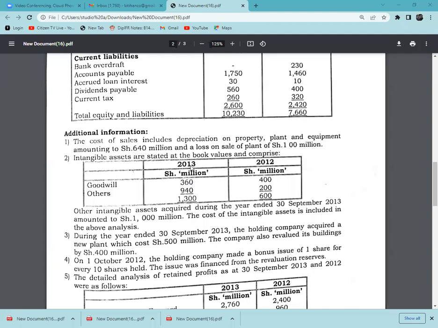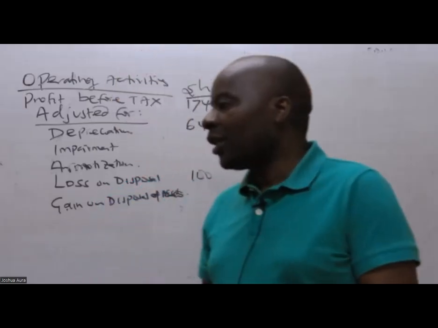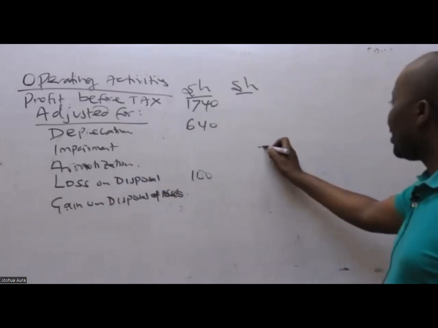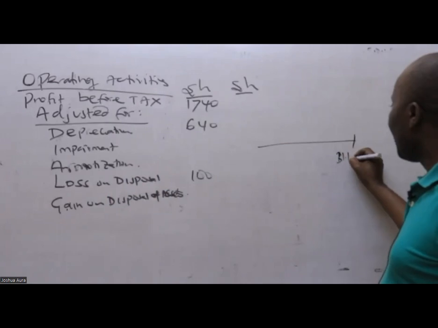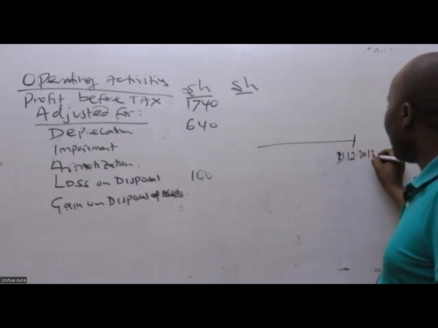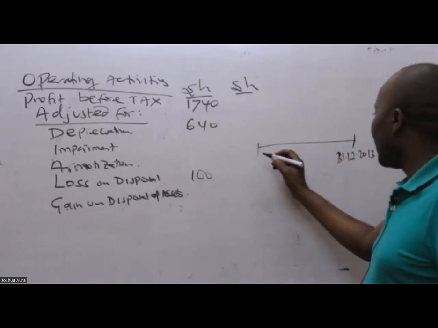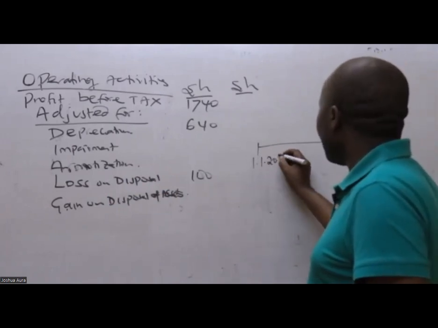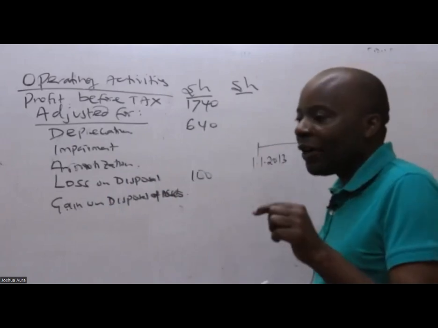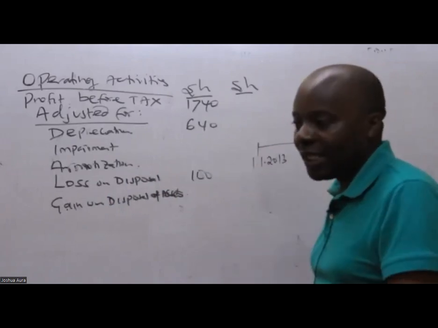Remember, ladies and gentlemen, for assets and liabilities and even equity, they must give us 2 years to compare. So when they talk of, for example, 31st December 2013, and then 1st January 2013, they'll always give us figures for the previous year.